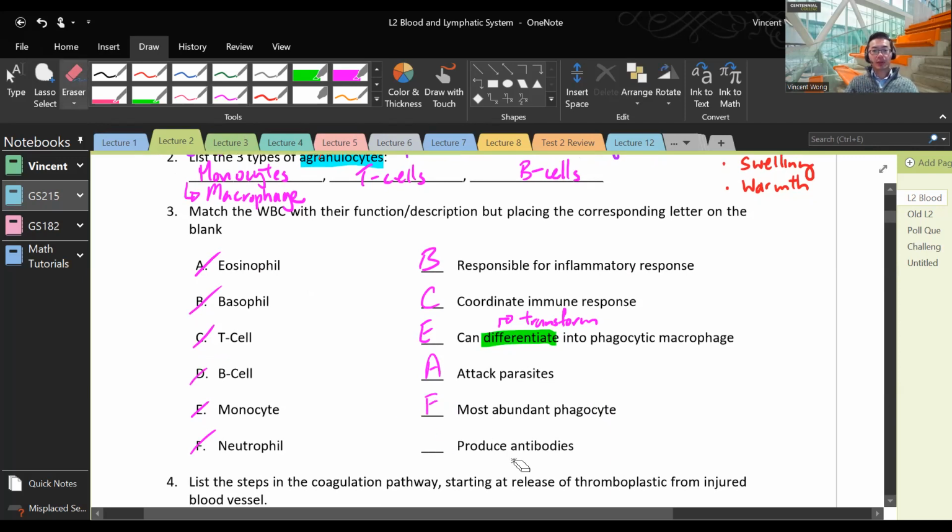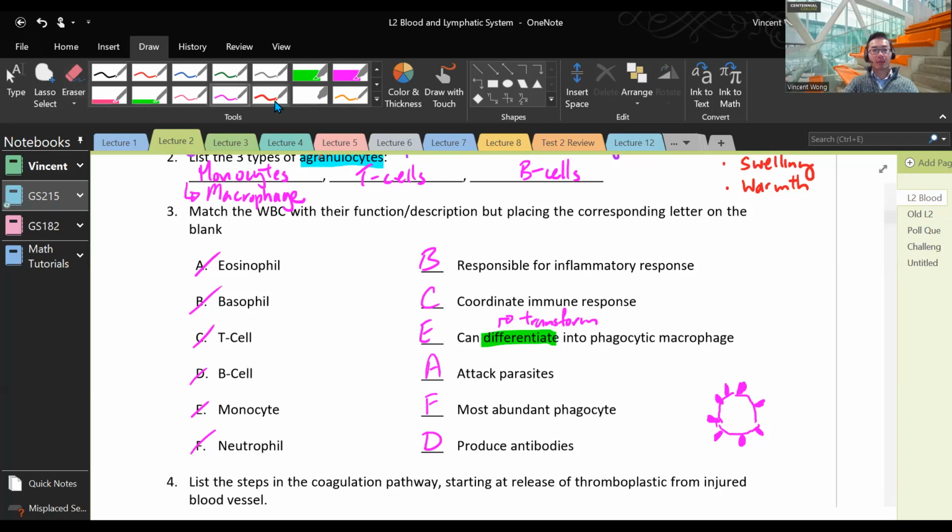And the B cells are the ones that produce antibodies. Antibodies are these Y-shaped proteins that tag and recognize antigens on the surface. If you have a virus with all these proteins, like the SARS-CoV virus that causes COVID-19, they have all these spike proteins on top of it.